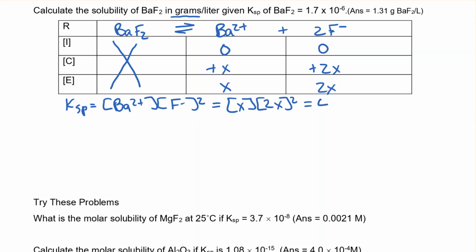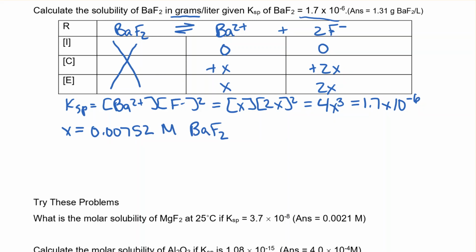That would be 4x cubed, which is equal to 1.7 times 10 to the negative 6th. I got that value from up here. When I solve for x, x is equal to 0.00752, and that is the molarity of the barium fluoride.